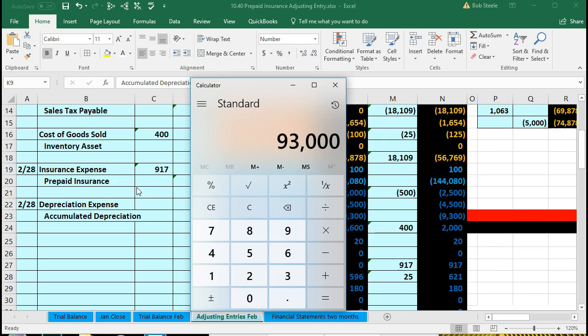And that'll give us the depreciation per year. So we're going to divide by 10. That gives us the depreciation per year. However, we are only looking at one month's worth of depreciation here. So we're going to take that depreciation per year and divide by 12. And that's the 775. Many problems will just give you the 775 when you're looking at the adjusting process, and you'll have to, of course, work through that calculation if looking at the depreciation type problem.